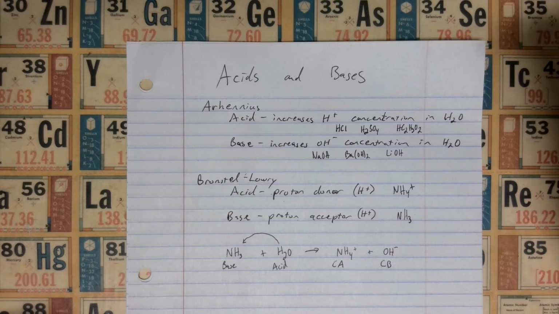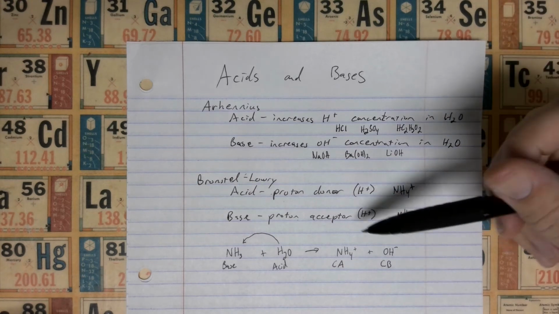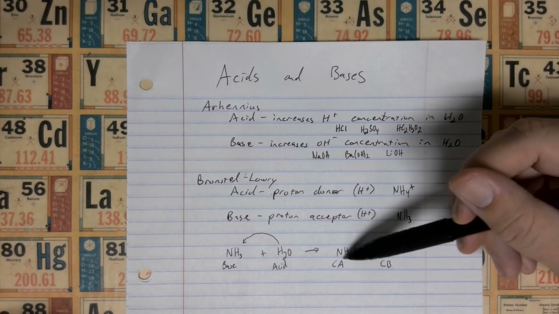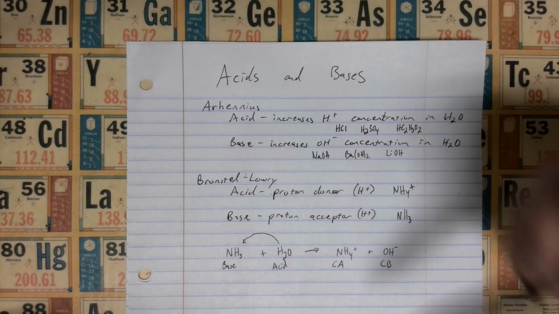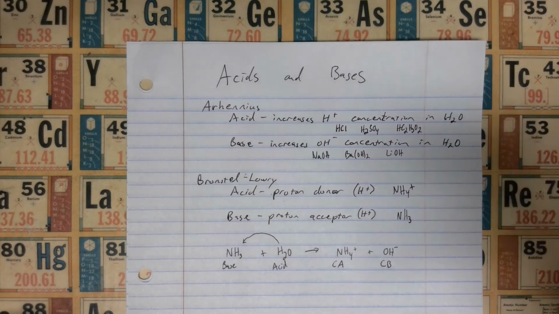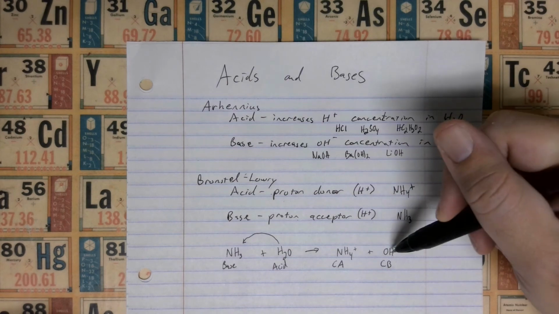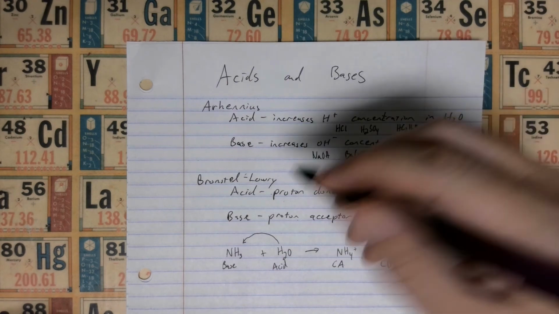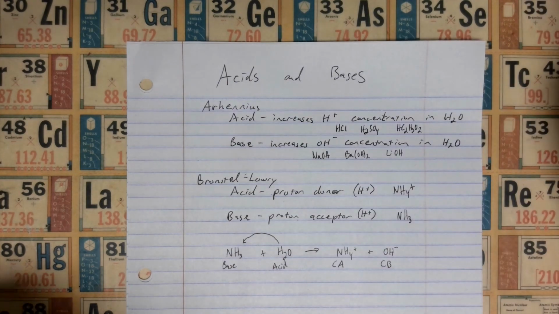You can think about it like this: NH4 plus now has an extra proton, so what can it do with it? It can give it back to OH minus, and in that case it would act as an acid.